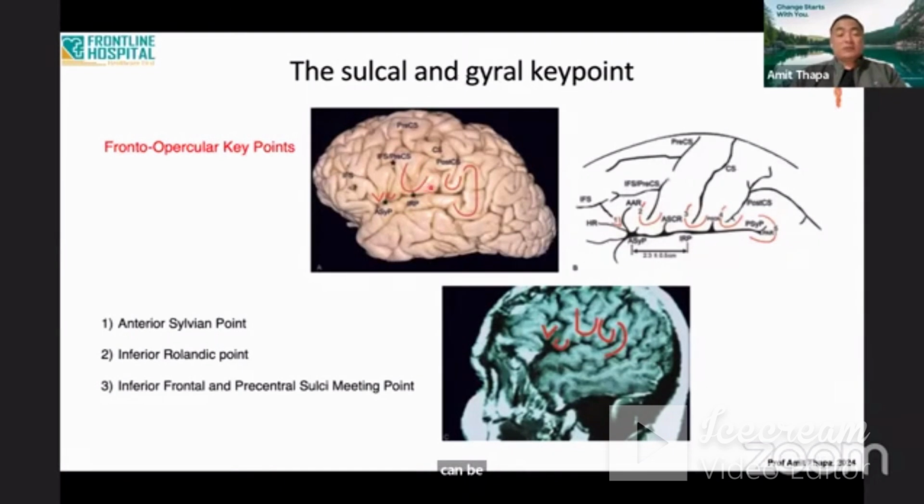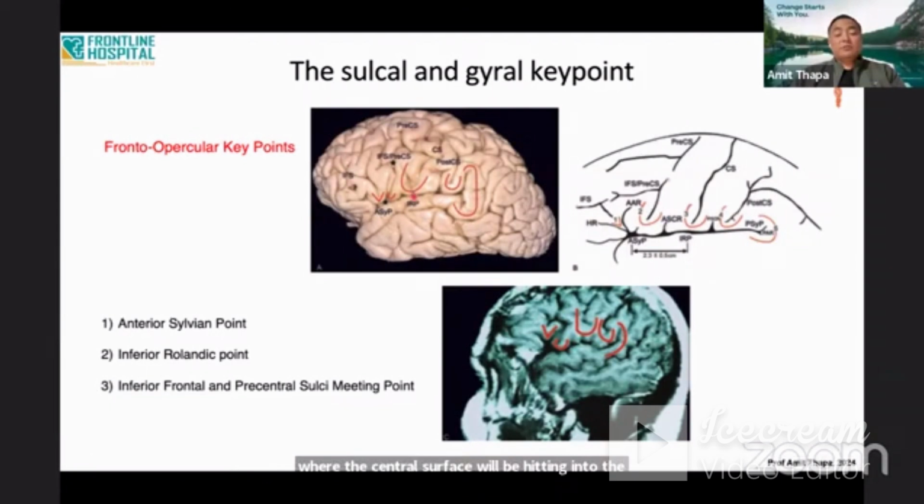So we actually made a mnemonic of one V. So the proximal V or the anterior V is nothing but the triangularis gyrus, and then the middle U is basically the precentral gyrus going through the subcentral gyrus into the postcentral gyrus, and this middle U is very much evident even when you're looking at the 3D rendered MRI scans. So one can even have an idea about that, and at the tip of it, where the central sulcus will be hitting into the sylvian fissure, will be the inferior Rolandic point.